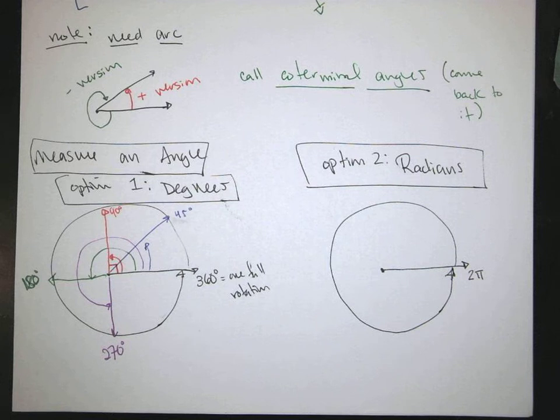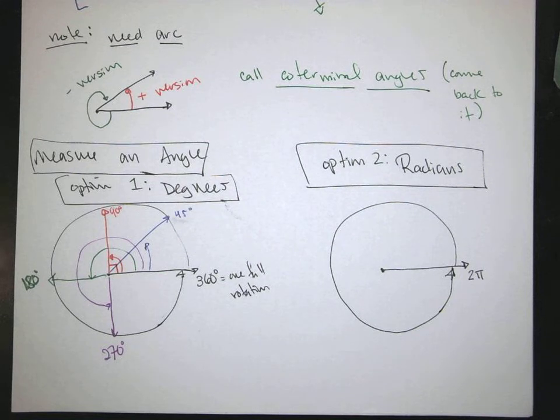The circumference of a circle is 2 times pi times the radius. So what would be the circumference on a circle where the radius was 1? That's what we're going to call the unit circle, which will come up later.